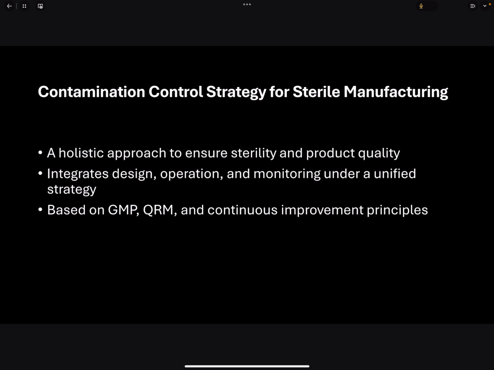We'll go step by step through its key concepts, from facility design to personal training. So, by the end, you will clearly understand how contamination is prevented before it even begins.